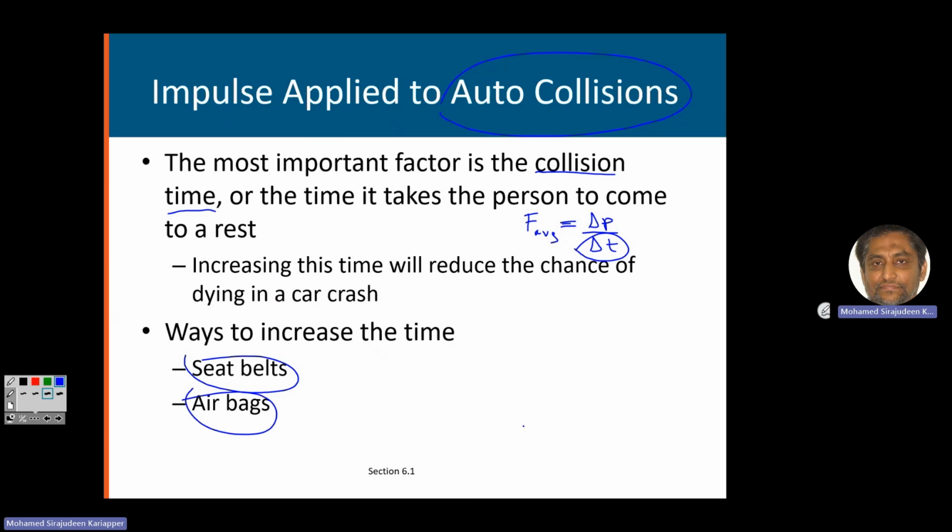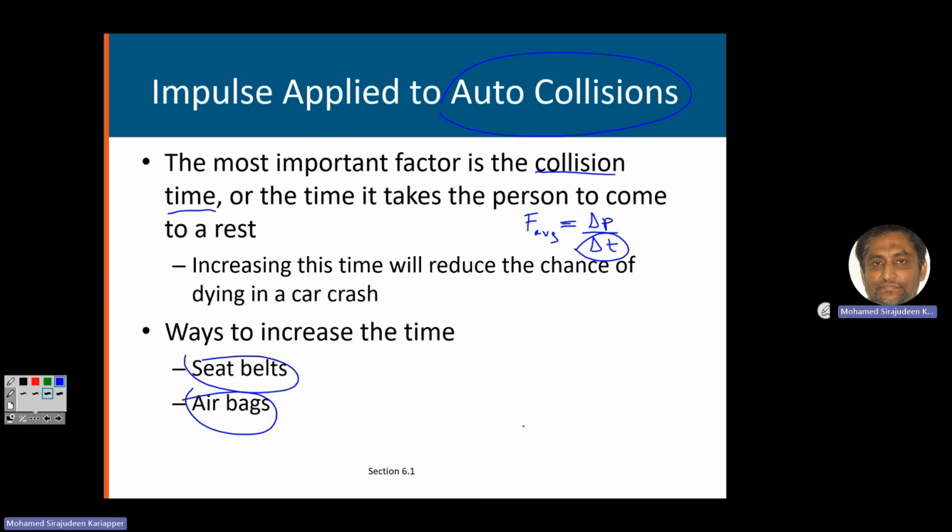Let me explain how. Suppose a car is coming at 100 kilometers per hour, then it will be stopped by hitting another car to come to zero, maybe in 0.1 second. The car will be stopped maybe even less, 0.01 second. Typical value will be like 10 milliseconds. But you, the passengers inside the car, especially the driver, everyone's supposed to wear the seat belt, right?